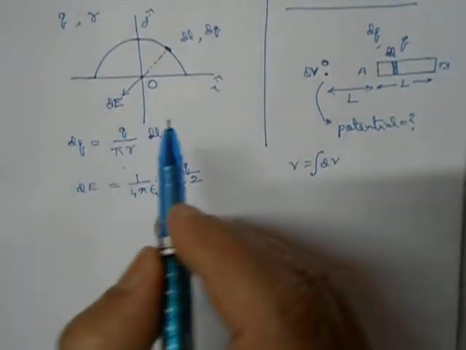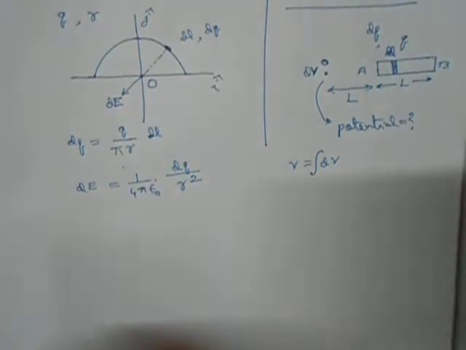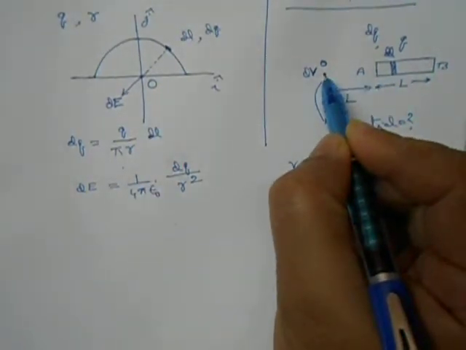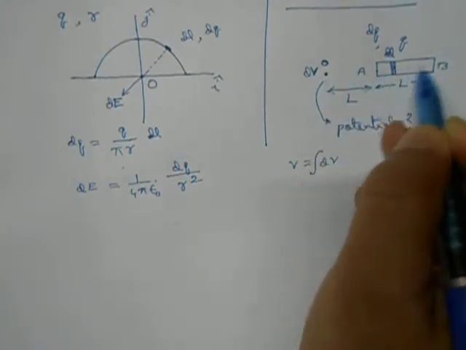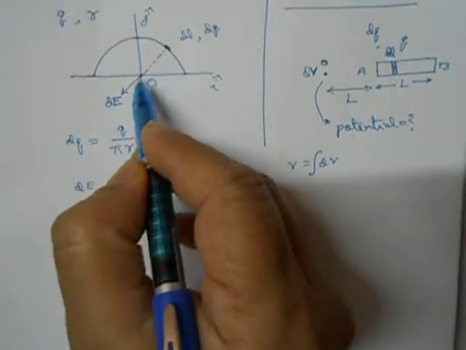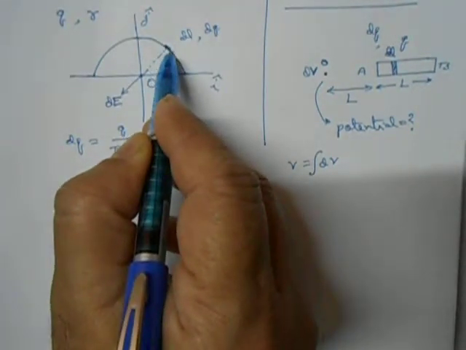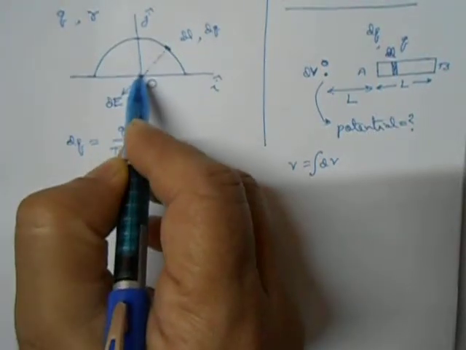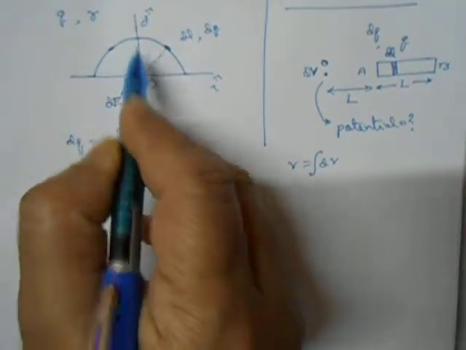Now another difference between these two problems is that here the potential at this point was a scalar, so we could simply add the potentials up. But here there is direction, so the first sample element we had taken here, let's take another sample element symmetrically opposite to this.